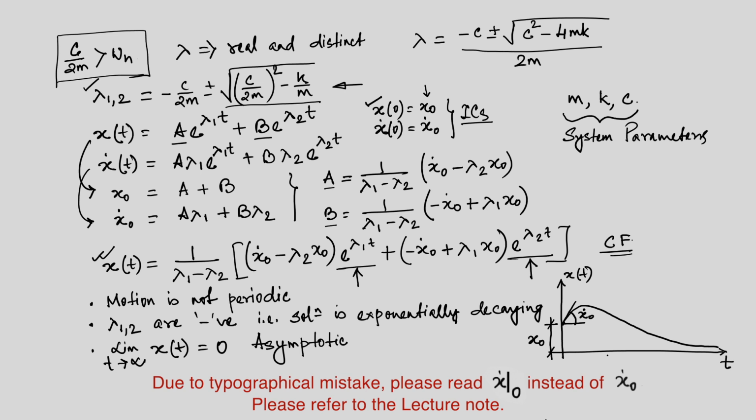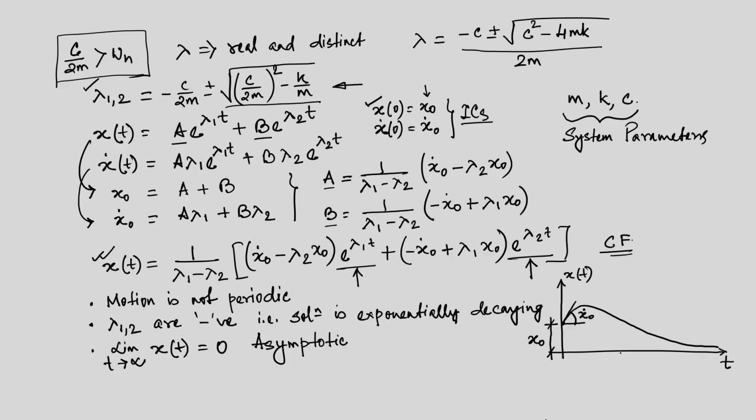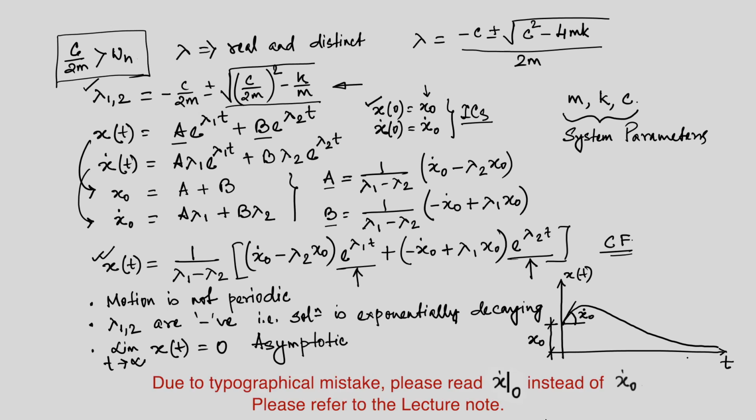I leave it up to you to verify from this solution that if we have a negative velocity at t equal to 0, what will be the nature of the solution? Can it cross the horizontal line and come back? If so, how? That is an exercise I leave with you. Okay, so that is the solution for the overdamped system.